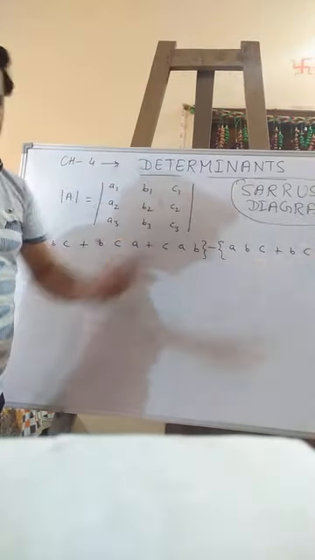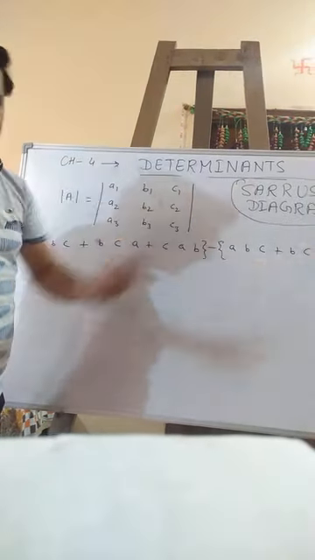Now for the second part, using from here, follow the same rule. A3 B2 C1. This is the first one going through this side.